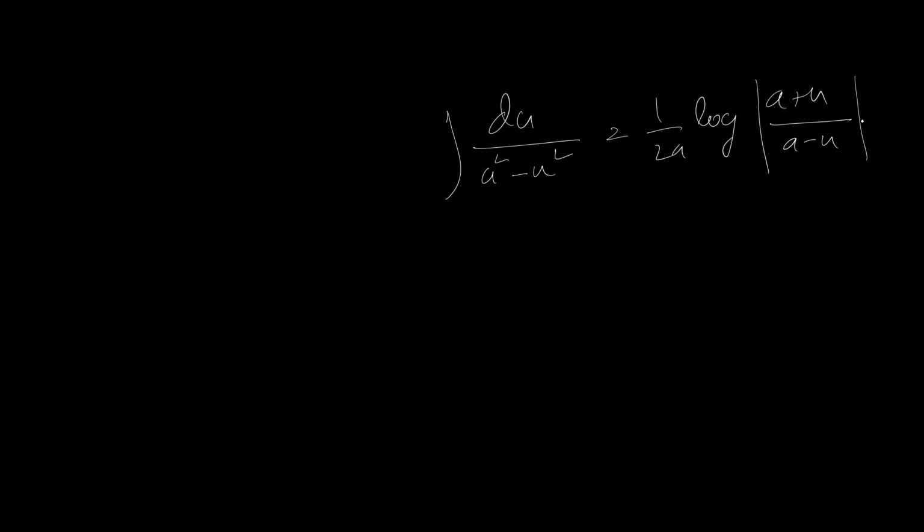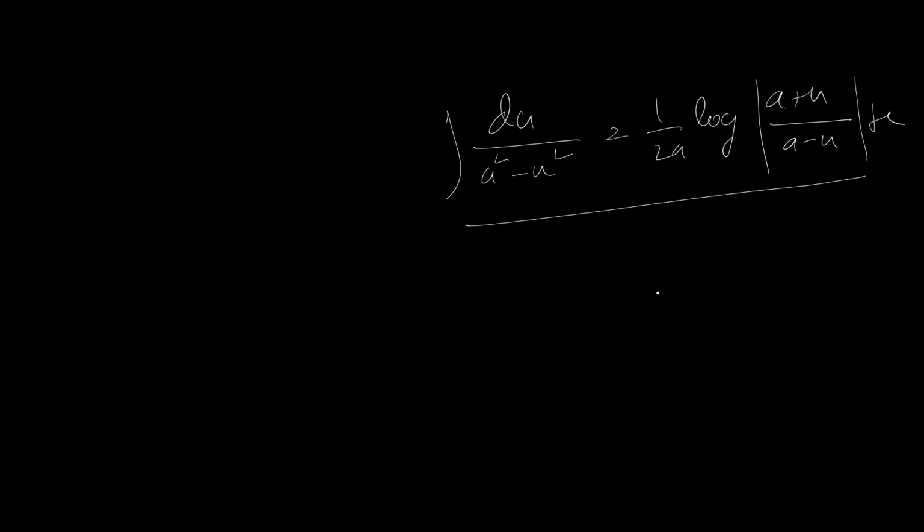The formula is the integration of dx by a square minus x square, which is equal to 1 by twice a, log of modulus (a plus x) by (a minus x), plus c. This is the formula.